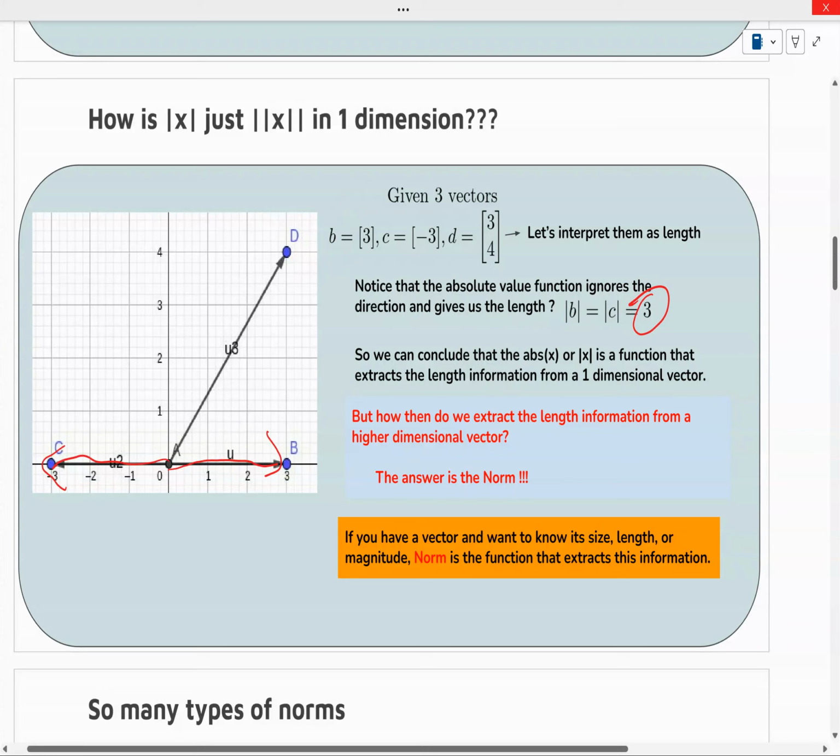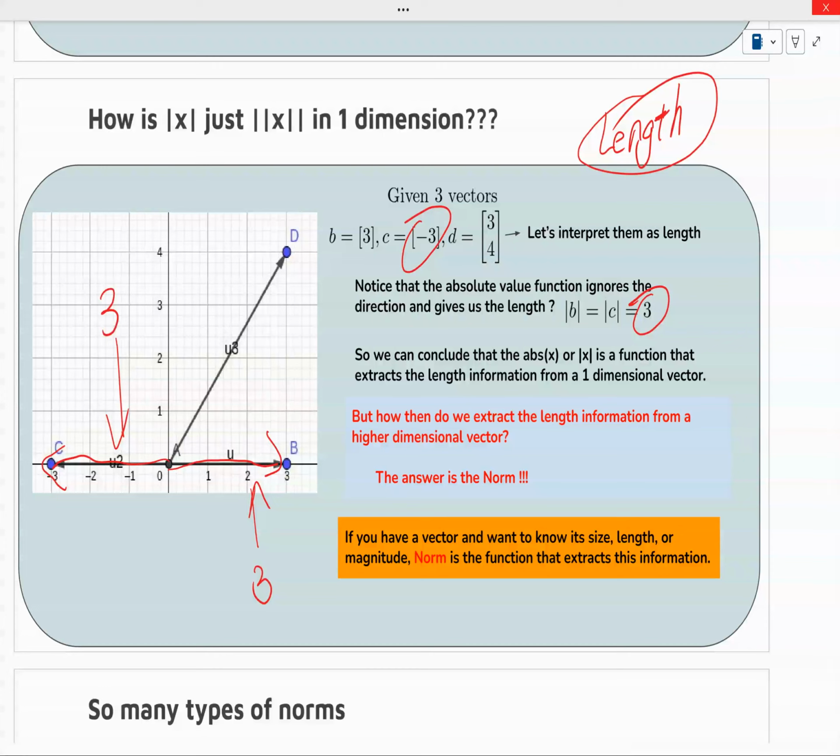In this particular case, we can interpret the absolute value as the length. What is the length of this? Well, 3. Even though this is minus 3 here, the length is still 3. So the absolute value can be interpreted as length.